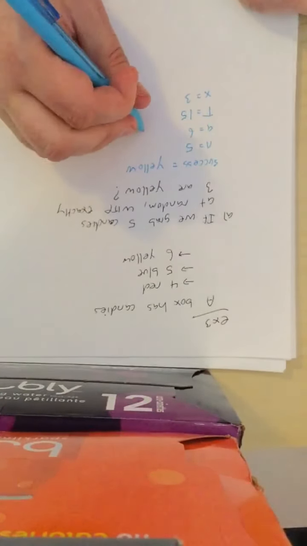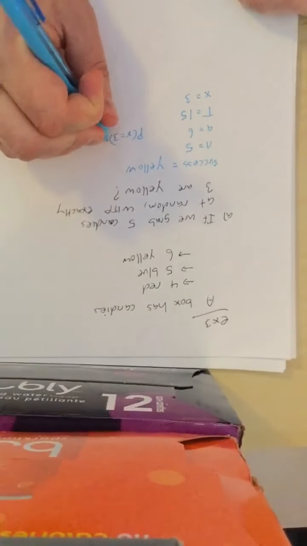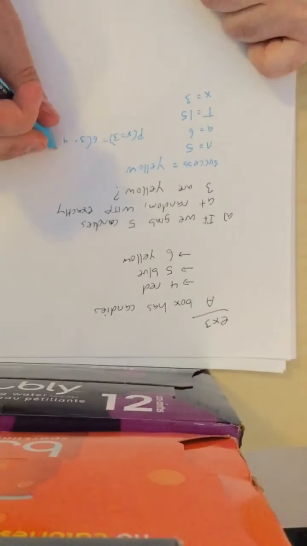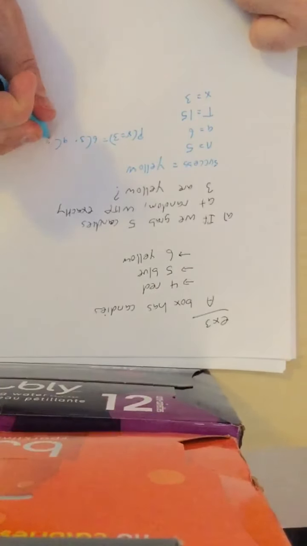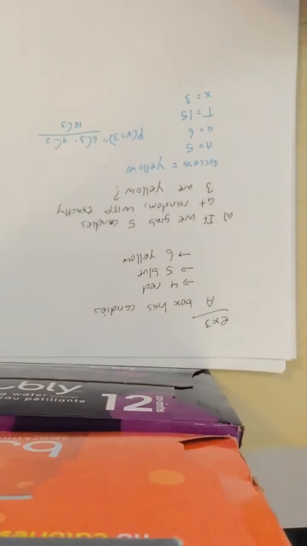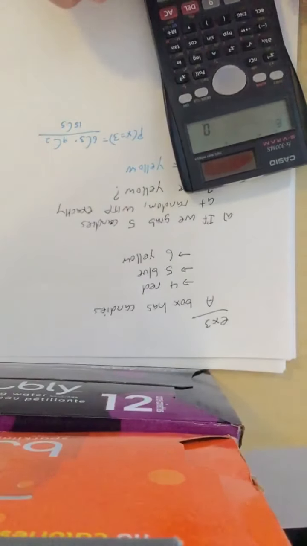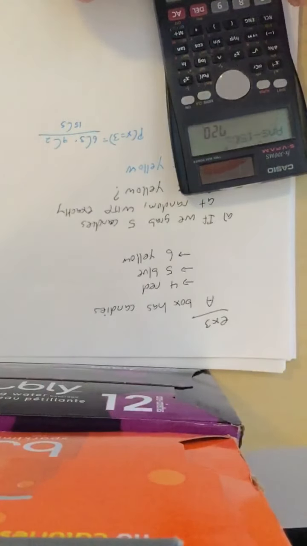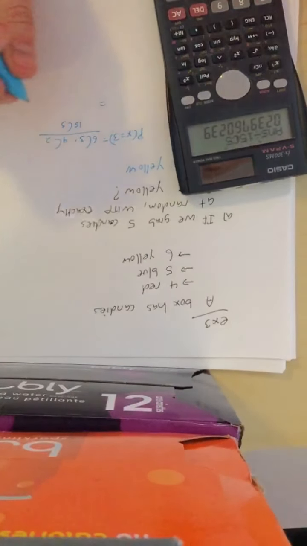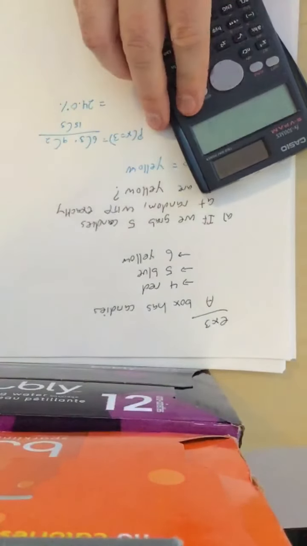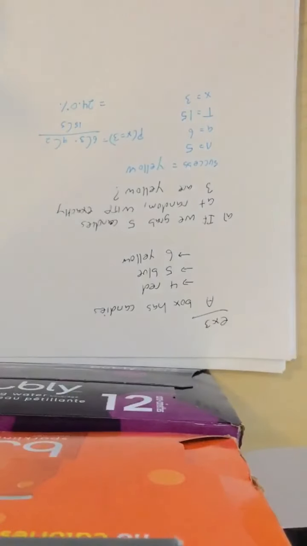So the probability that x equals 3 is 6 choose 3 times 9 choose 2 over 15 choose 5. That comes out to 23.9, so 24.0%. Okay, that wasn't a very exciting question.